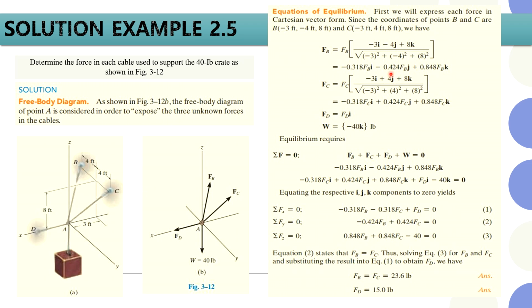For instance, FB is expressed using its i, j and k vector components. FC is expressed the same way, with the i, j and k components.